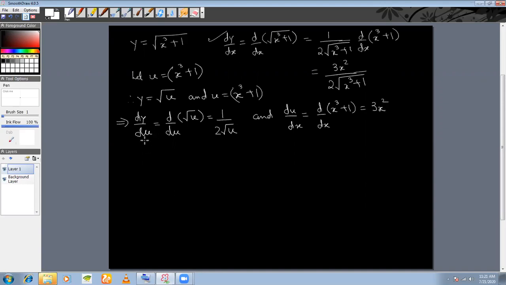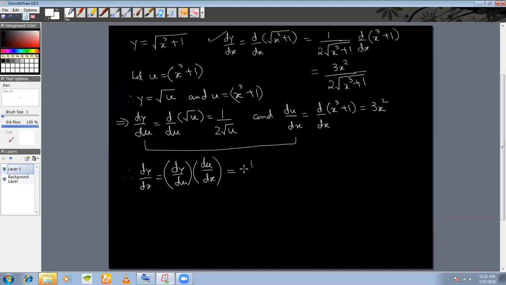So what is the dy/dx? It is a product of these two, isn't it? So therefore, dy/dx is dy/du into du/dx. Right or wrong? dy/du is 1 by 2 root u, and du/dx is 3x square.